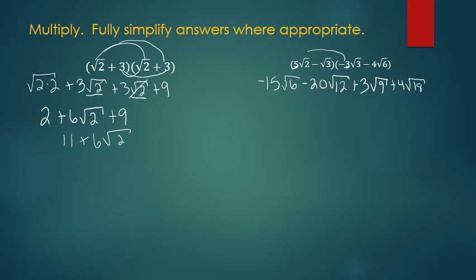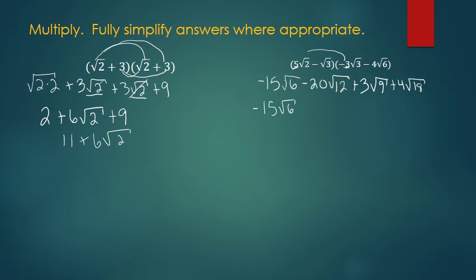All right, now I need to see if there are any things that I can simplify or combine. Right now there's nothing I can combine because there are no common roots. The first one, there's no perfect square that goes into 6, so that one's fully simplified. So I have minus 15 square root 6. Now root 12 can reduce because a 4 can go into that.